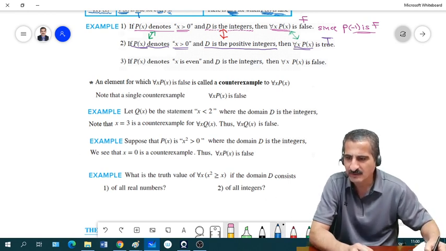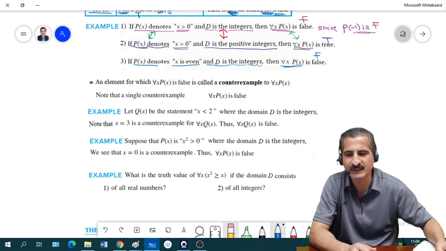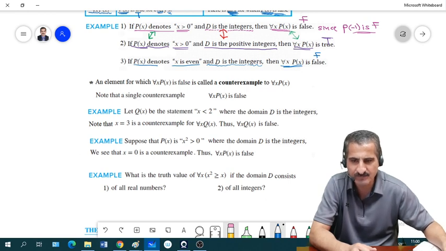Okay. Part 3, what if p of x denotes x is even, and the domain D is the integers? Then for sure, for all x, p of x is false. And why? The reason is that I can find an element in the domain, which is 3, belongs to the domain, and p of 3 is false.